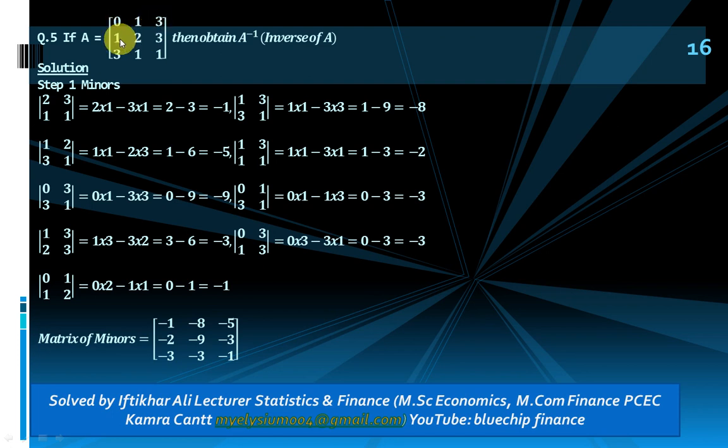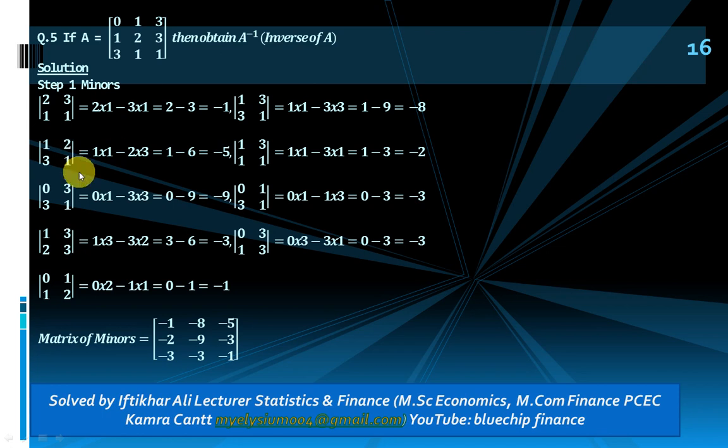So the remaining values will be 1 3 3 1. After that take 3 and eliminate the row and column in which 3 is, and the remaining values will be 1 2 3 1. After that take 1 and eliminate the row and column in which 1 is. So the other values are 1 3 1 1, and similarly we can calculate all minors through this process.